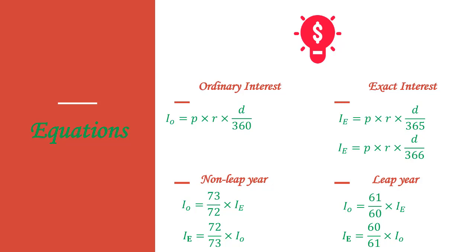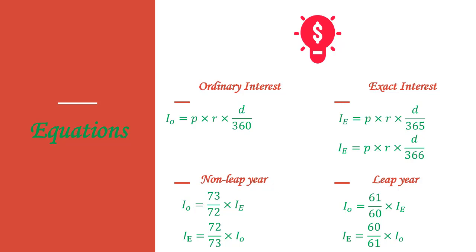Exact interest: I exact equals principal times interest rate times days over 365 or 366. Note that we can calculate days in two ways: the exact way or the approximate way.